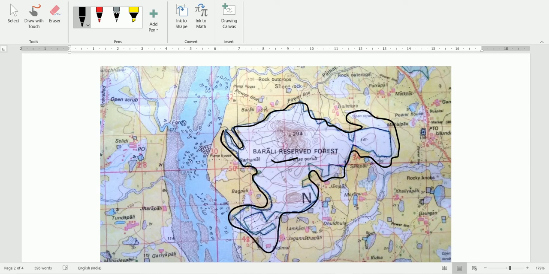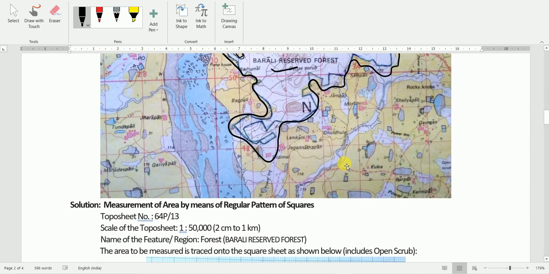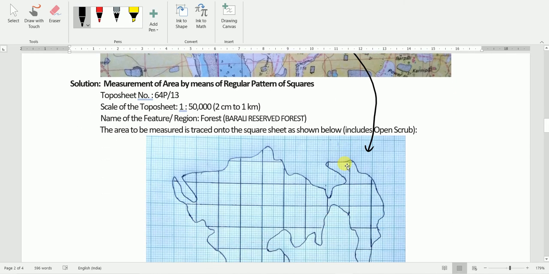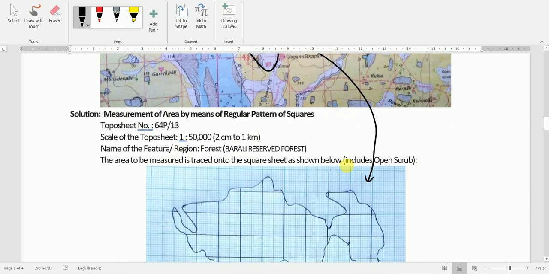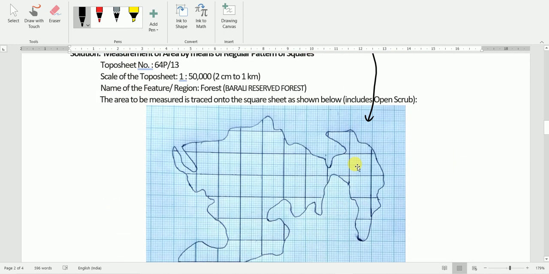First of all we have to trace this area on the map onto a graph paper in this way. So we have already traced this forest area on the graph paper.